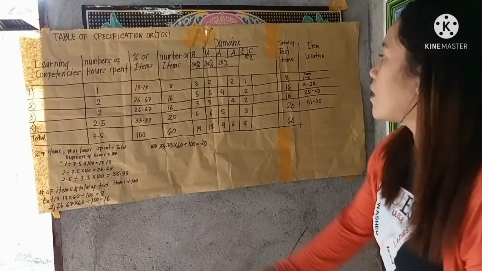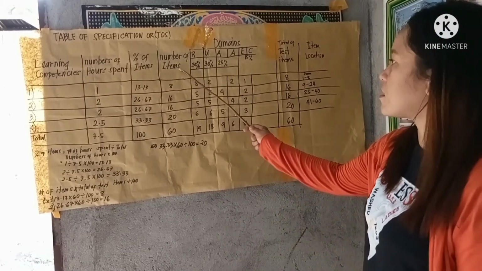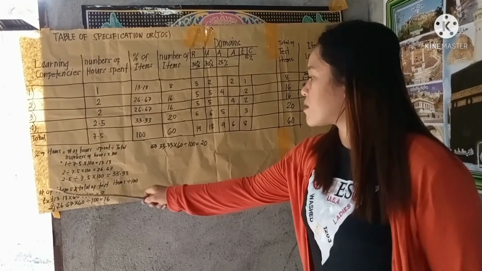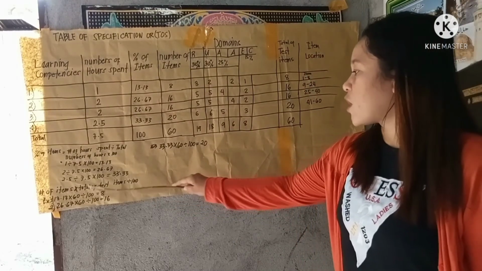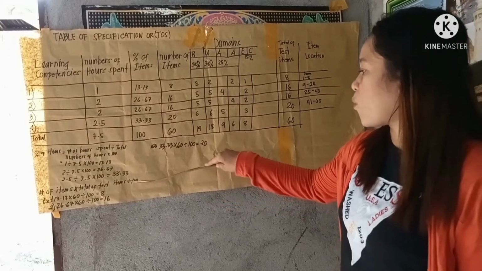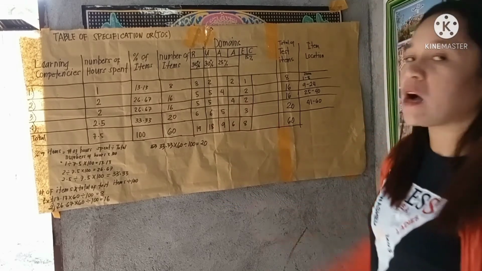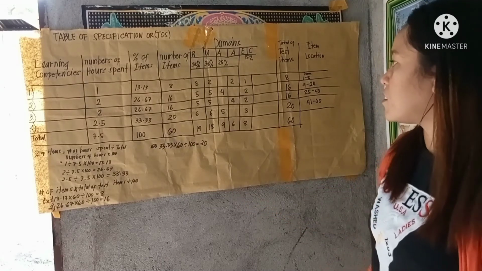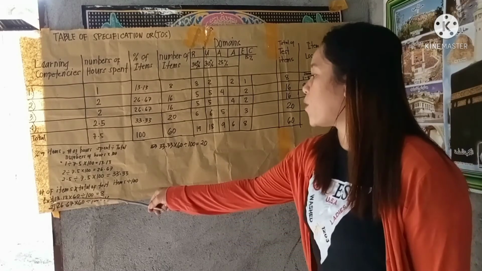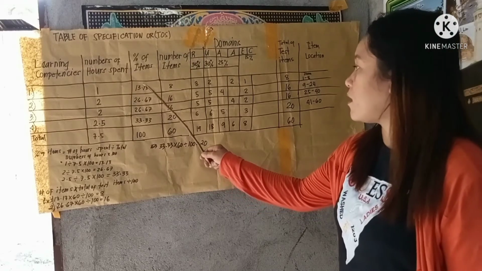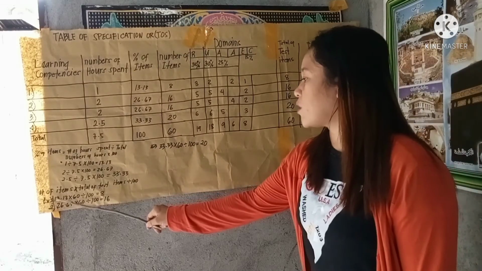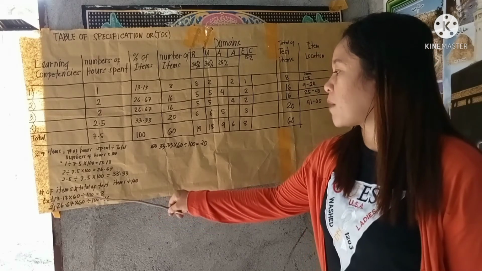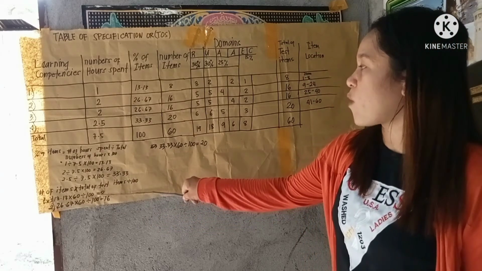So, number of items. How do we get it? Number of items equals percent of items times total test items divided by 100. I made 60 items. For example, 13.13, I put it here. 13.13 times 60 divided by 100 equals 8.